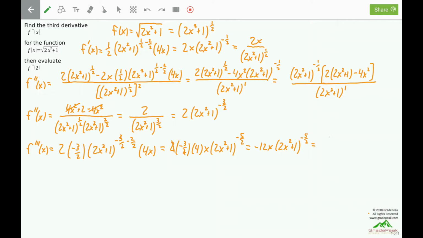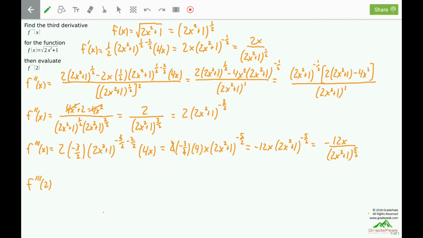Let's move that to the denominator to make that a positive exponent, and I end up with negative 12x over (2x squared plus 1) to the positive 5/2 power. There's our third derivative, f triple prime of x. The next thing to do is to evaluate f triple prime of 2.